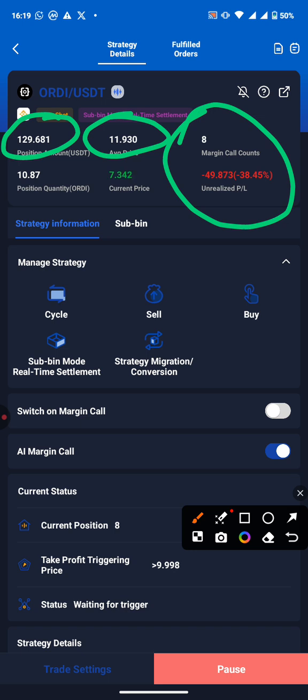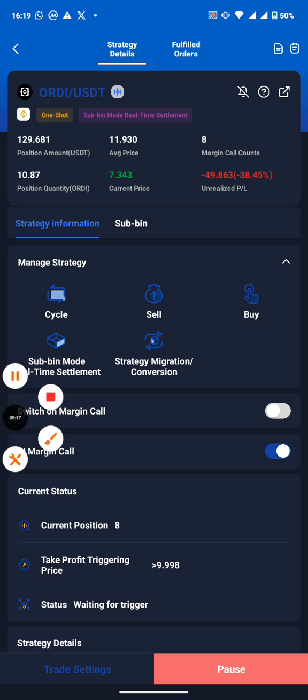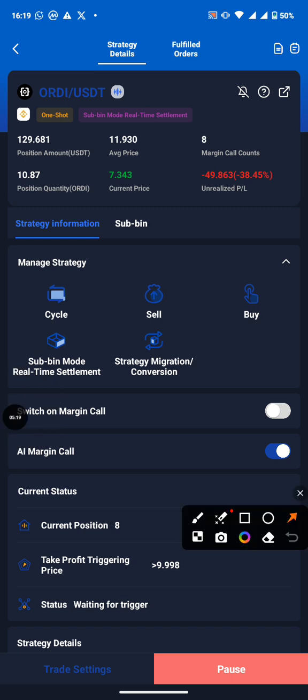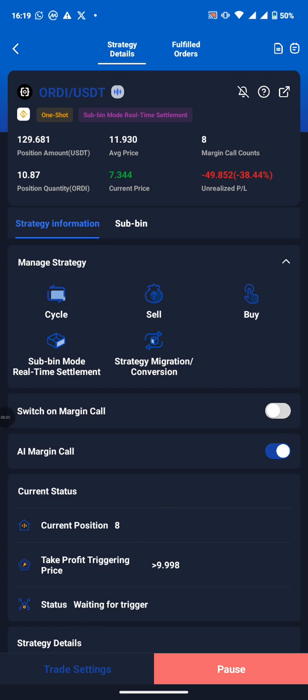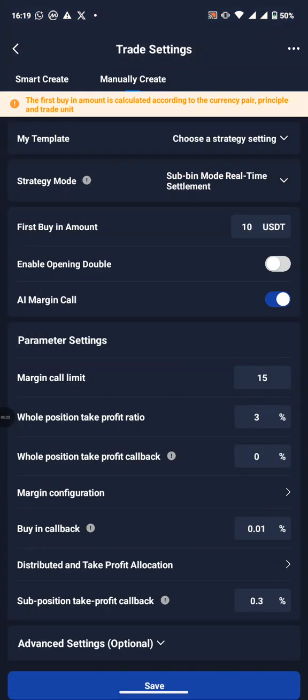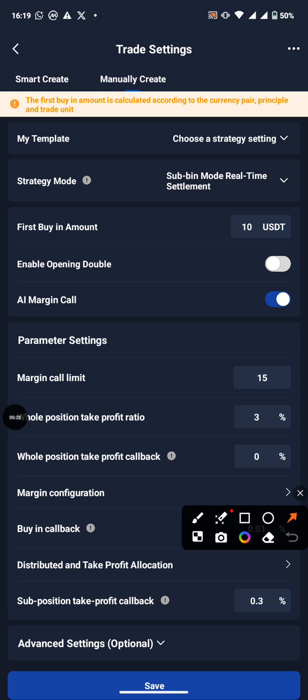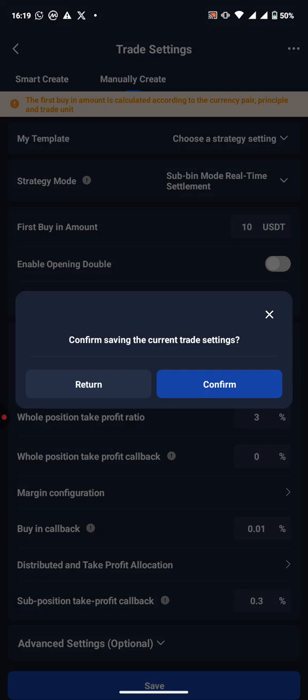Whenever you're setting your coins, we always come to trade settings, and we always put in our first buying amount. Our first buying amount is $10 now. But this is not the amount of money we began with. Let us check how much this coin is holding now.